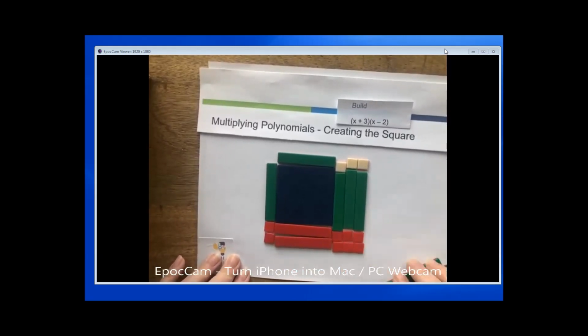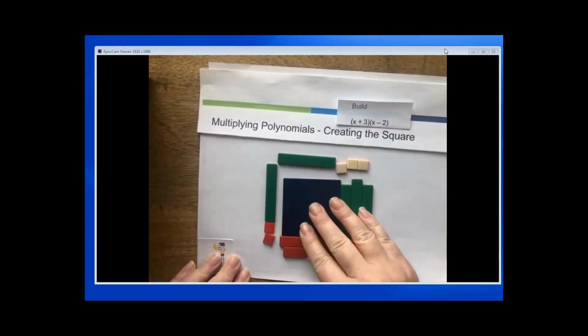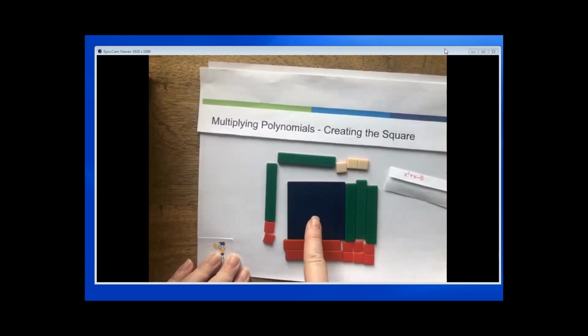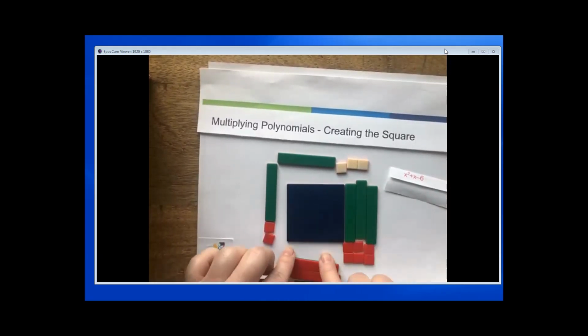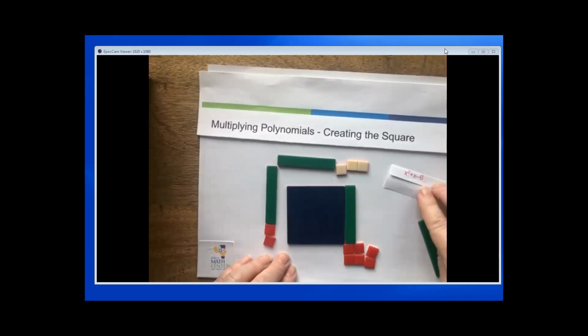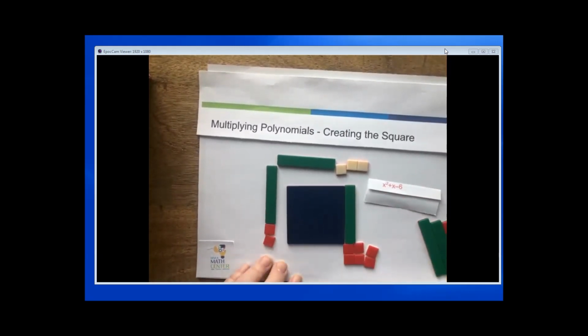So my answer comes in here. I should have x squared. I can zero pair out 2 of these, and I get x and a negative 6.